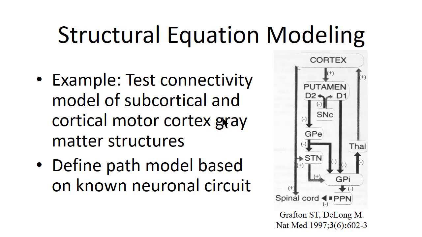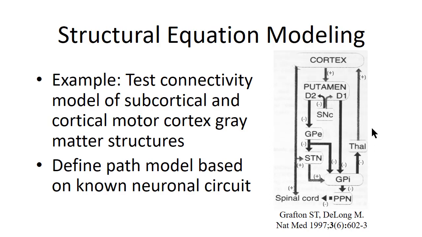I show here an example where you can produce a model that will test the connectivity, using structural equation modeling, of subcortical and cortical motor cortex gray matter structures. What I do here is use the model that was proposed many years ago by Grafton and DeLong, connecting subcortical thalamic and basal ganglia motor elements to the cortical motor elements with path directionalities.